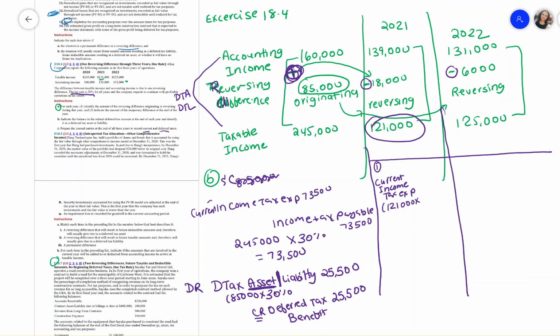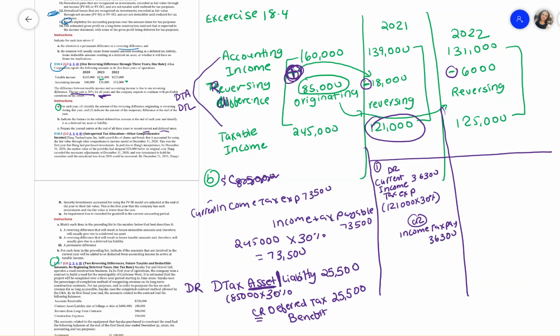The question is saying for all the years the tax rate is the same. So you multiply by the 30%. If I multiply by the 30%, I have a current income tax expense of 36,300, and this is my debit entry, and I'm going to credit my income tax payable for the same amount, and it's a credit of 36,300.